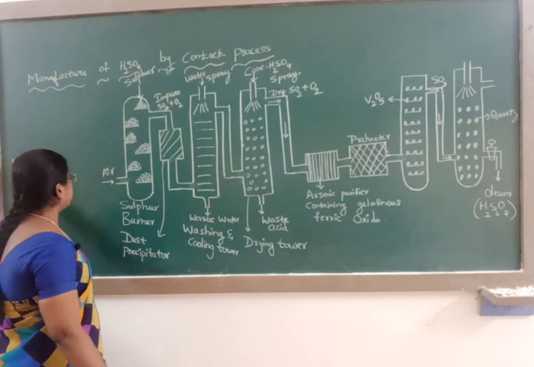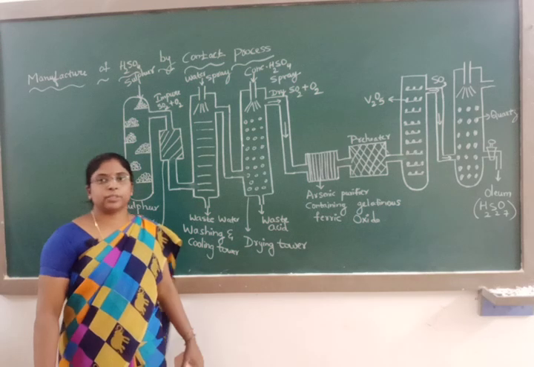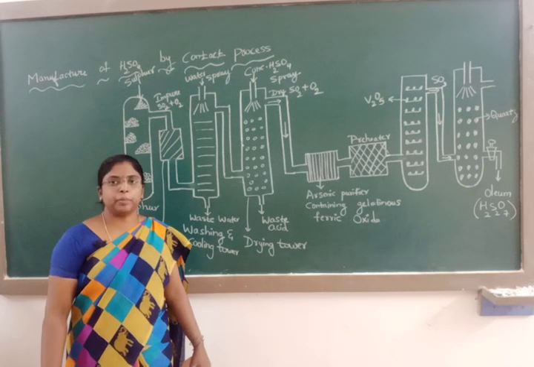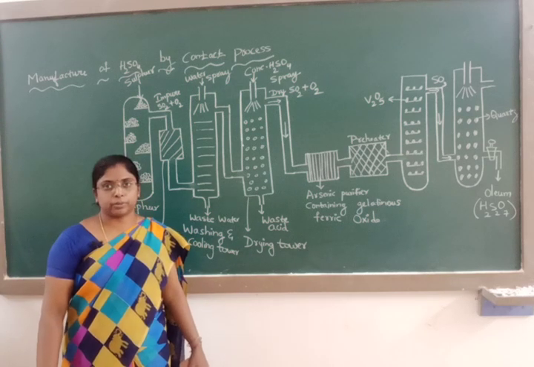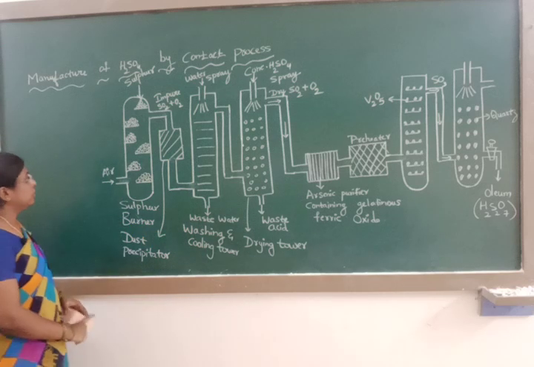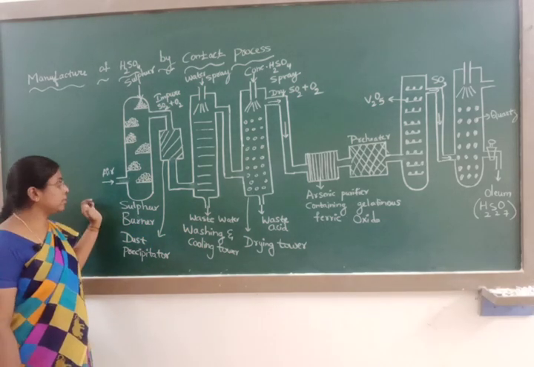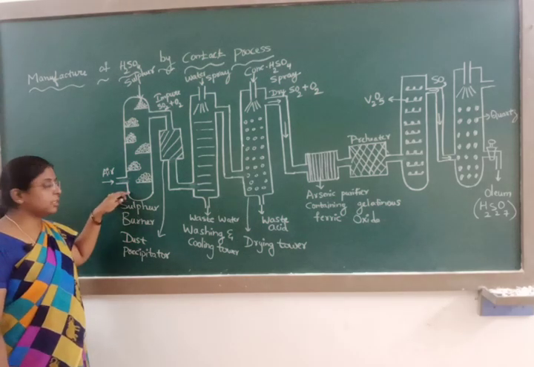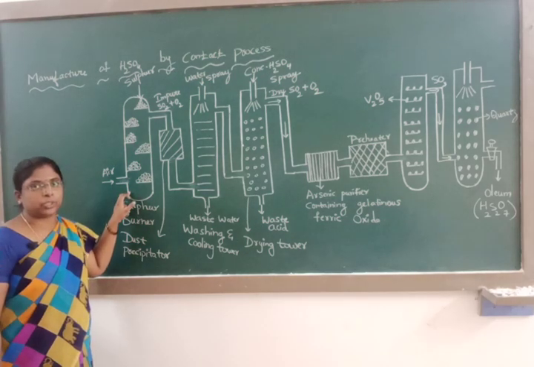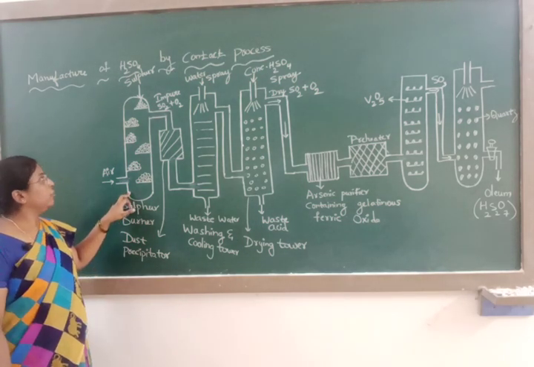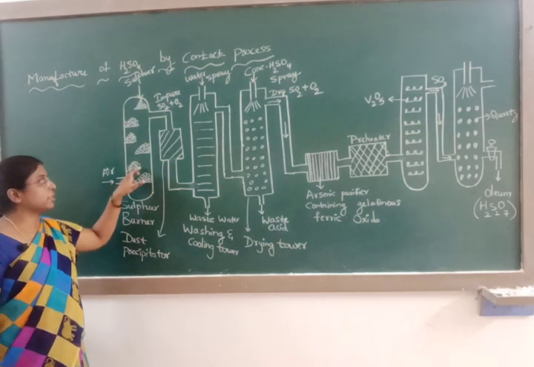Let us study the manufacture of sulfuric acid by the contact process. First is the sulfur burner chamber, in which sulfur is placed.